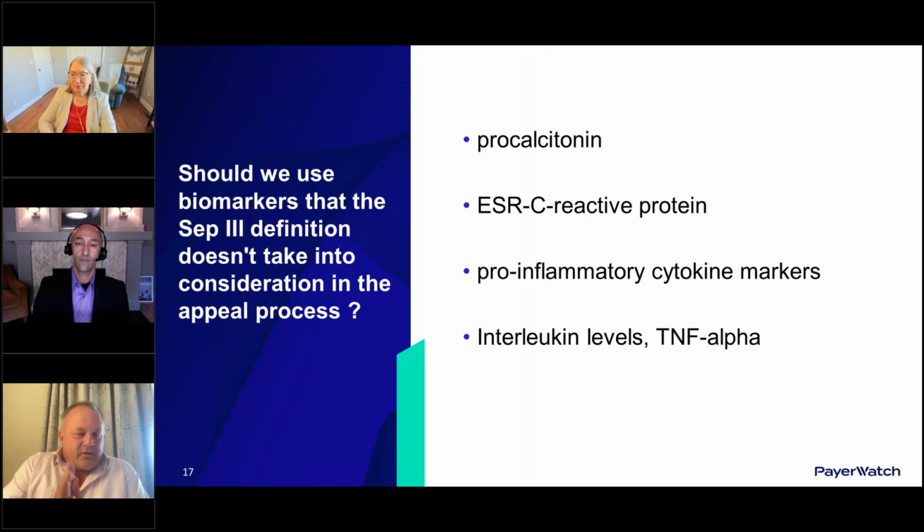So one of the things that we'll often argue, because the goal in the appeals that we write is to get these outside of the court of the payer's opinion, get them to a neutral arbitrator, a third party that may not be so rigid in their interpretation.